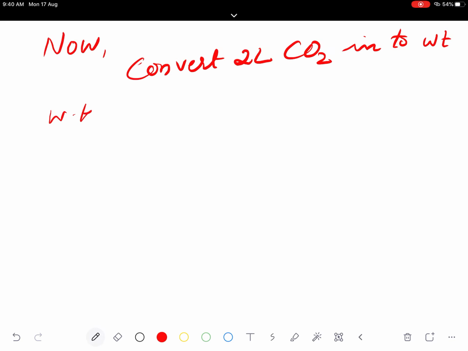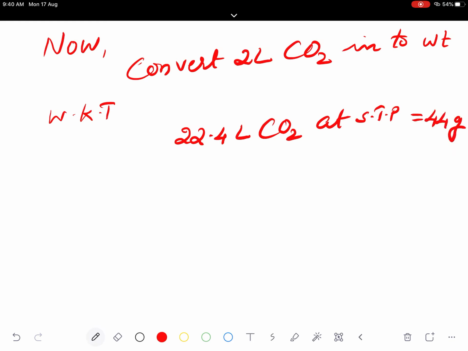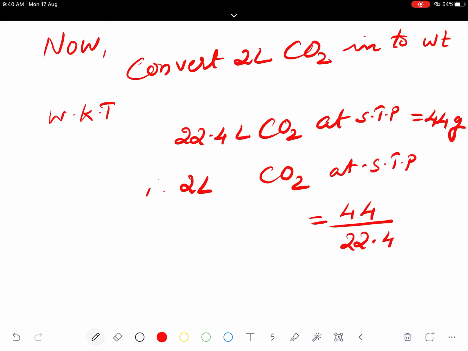And what do we know? We know that 22.414 liters of carbon dioxide at STP weigh 44 grams, meaning 1 mole. Therefore, for 2 liters of carbon dioxide at STP, they have given STP in the question, by the unitary method, that is 44 divided by 22.4 into 2, which is equal to 3.9 grams.